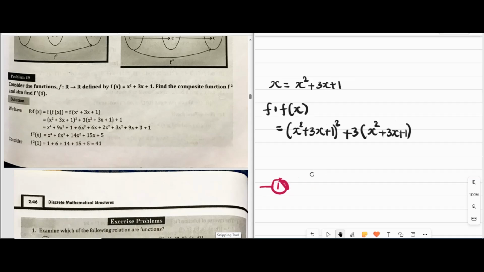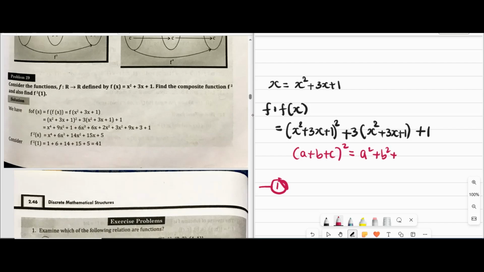What is the formula we have? a plus b plus c whole square is equal to a square plus b square plus c square plus 2ab plus 2bc plus 2ca.